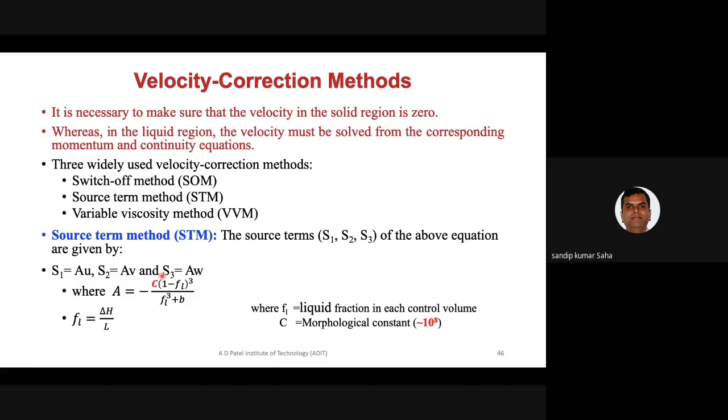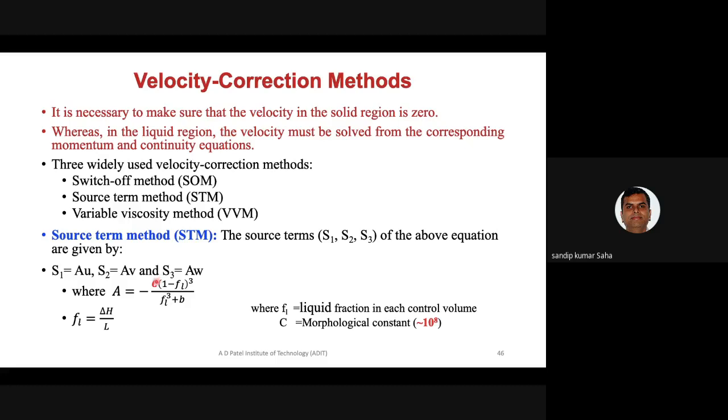That is modeled here using the Carman-Kozeny equation. We don't use the Darcy model equation for modeling this A or this source term. Rather, we use a different form of the Darcy equation, called the Carman-Kozeny equation, which is very easy to employ because it correlates the liquid fraction and the morphological constant.